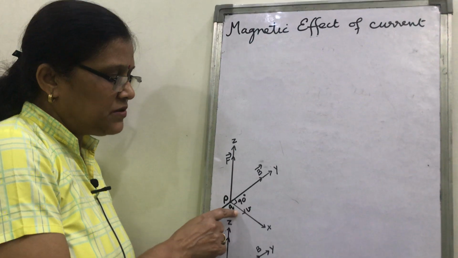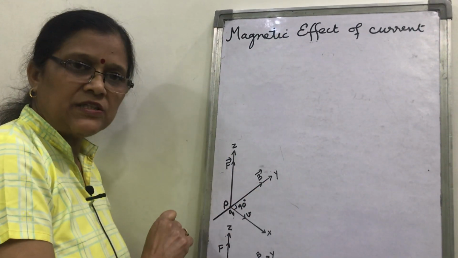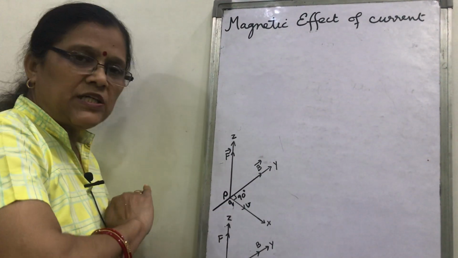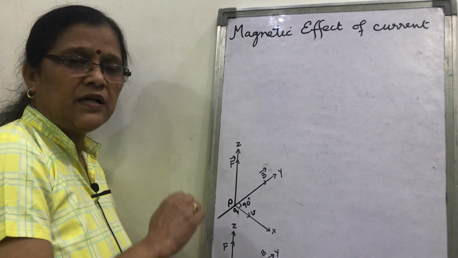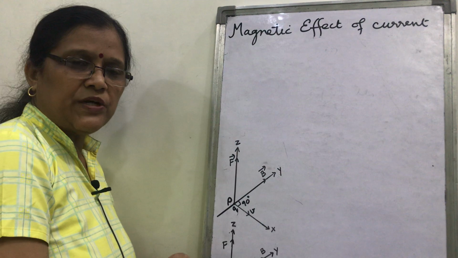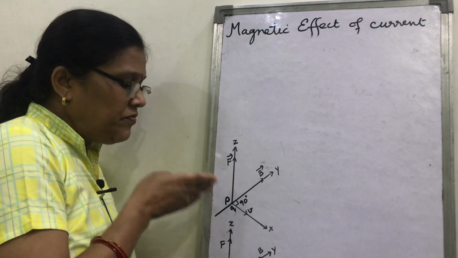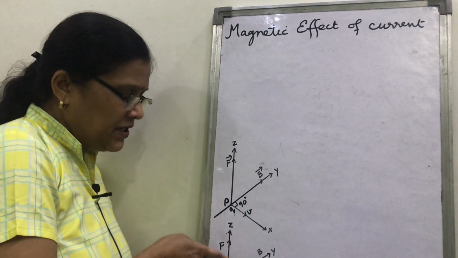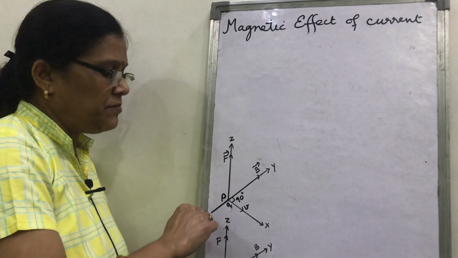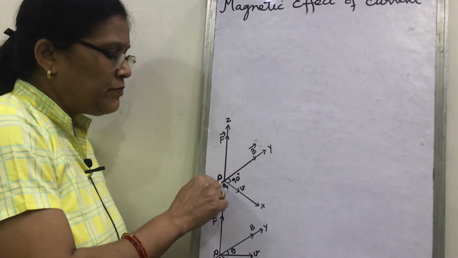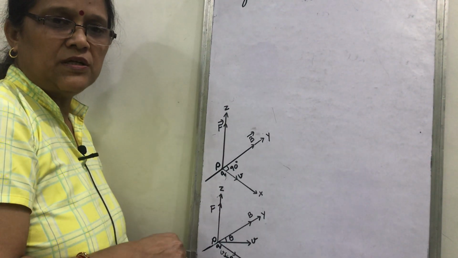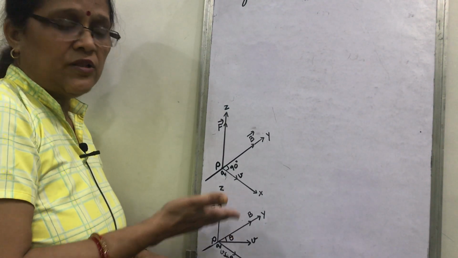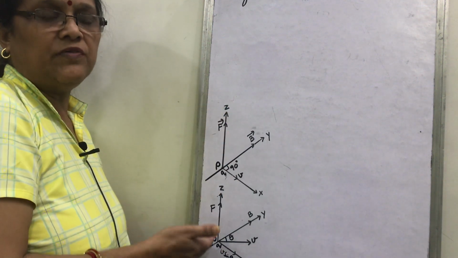So here I have shown the x, y and z axes. If a charged particle is moving and passes through a point P, with velocity in this direction and magnetic field in this direction, then at point P it experiences a deflecting force sideways. Sideways means perpendicular to its direction of motion.